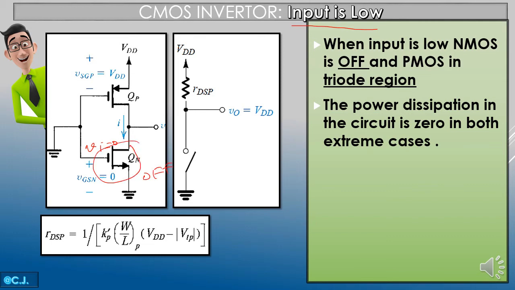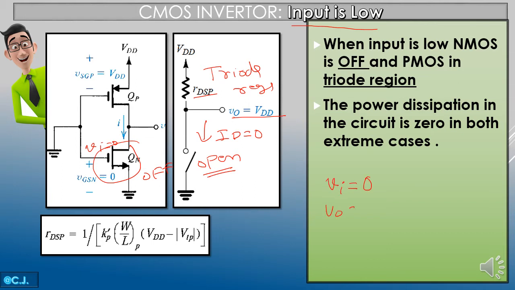So it is open circuit. And in this condition, PMOS will be in triode region. In this condition also, ID will be 0. So in that case, output will be high. So in this case, when input is 0, output will be VDD.